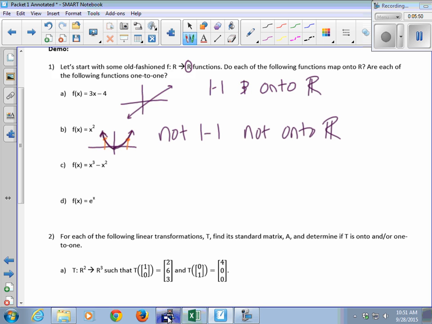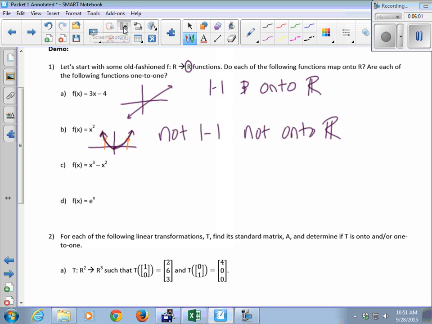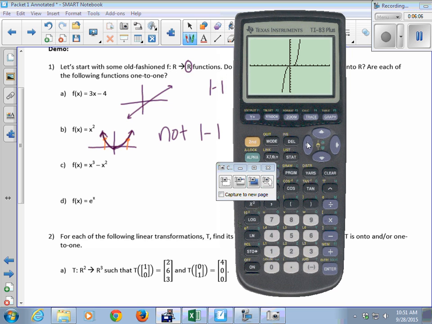All right, x cubed minus x squared. Looks like this. Maybe I'm going to change the window a little bit. Yeah, that's a little better.